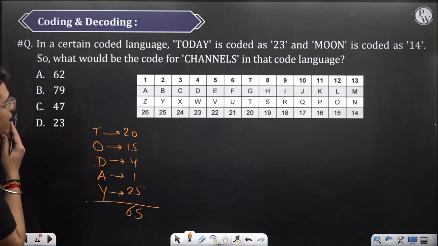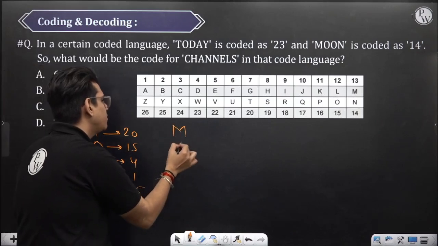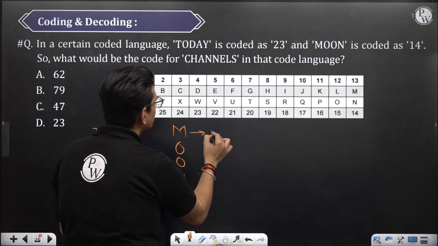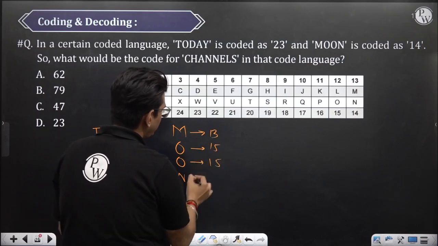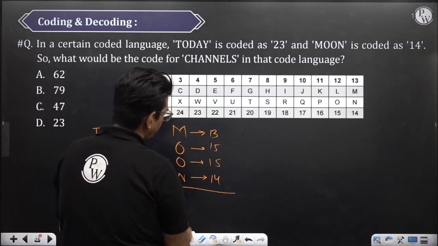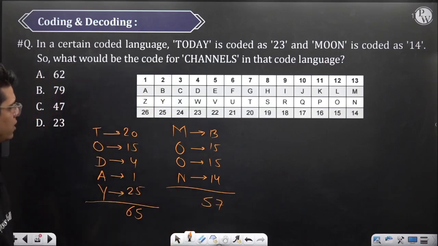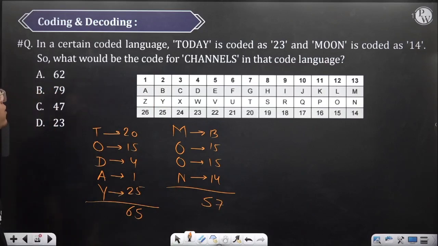Nothing related to 23. Similarly for moon, let's see if the positional values give something. M is 13, O is 15, this is 30, 43, 43 plus 14, 47, 57. Again, 57 has no relation with 24. So I need to find something else.